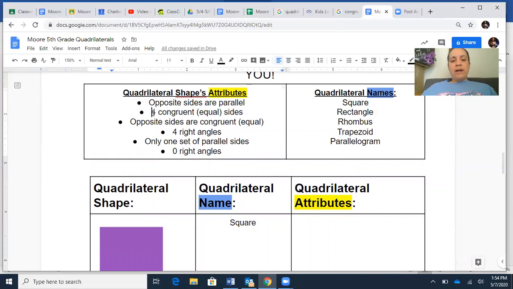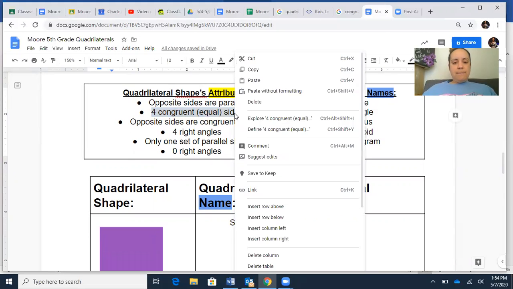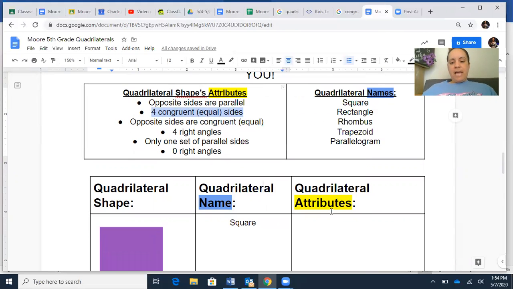I know a square has 4 congruent sides. So I'm going to copy and paste. I know a square has 4 right angles. Copy and paste.